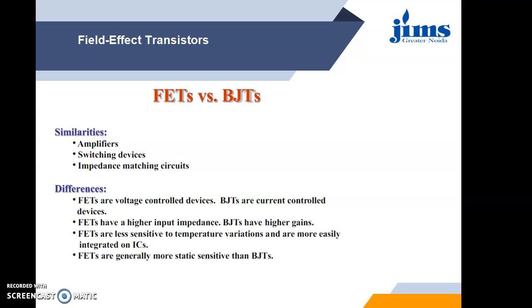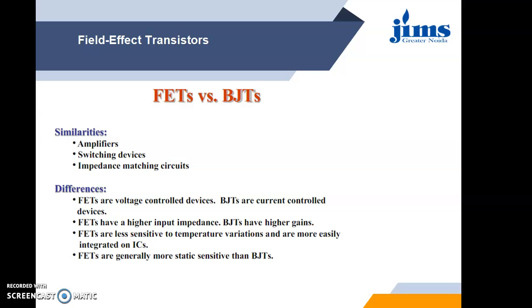Now we should understand the basic differences and similarities between the two types of transistors, and on that basis we can conclude which one is better and which is applicable in which particular condition. That means their advantages, disadvantages and applications, in terms of their similarities and differences.